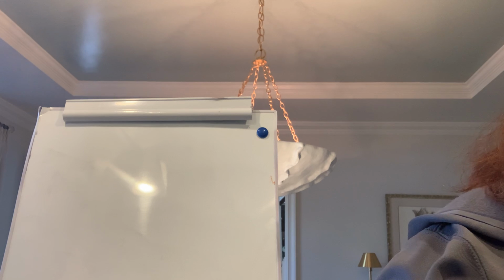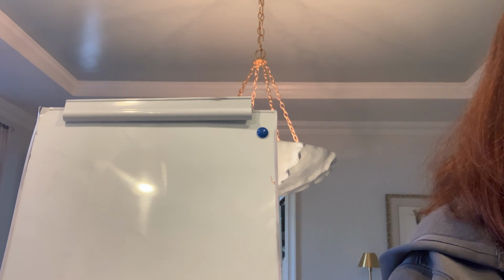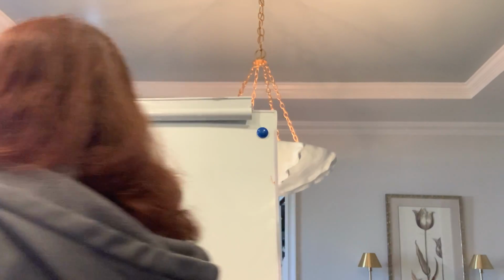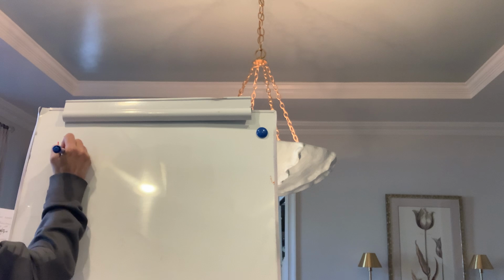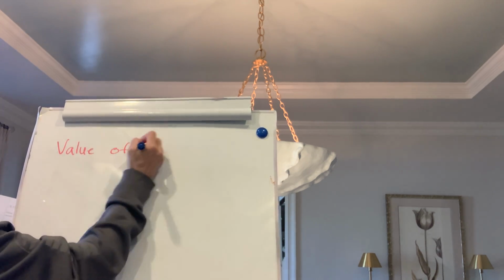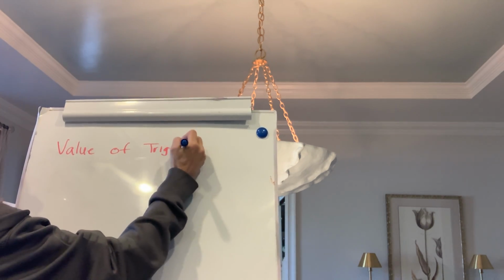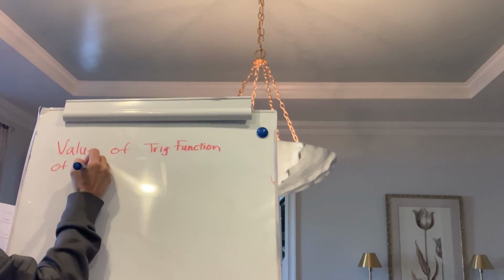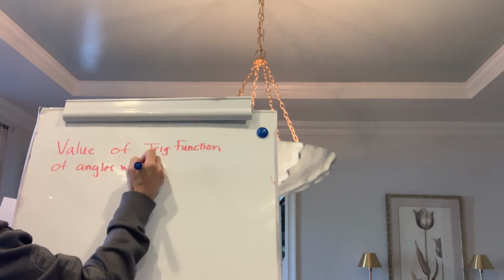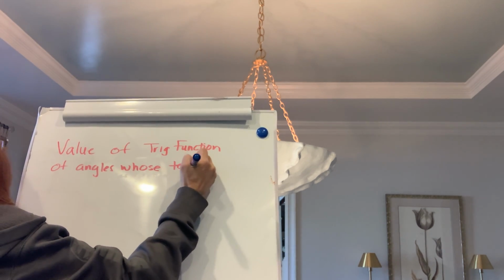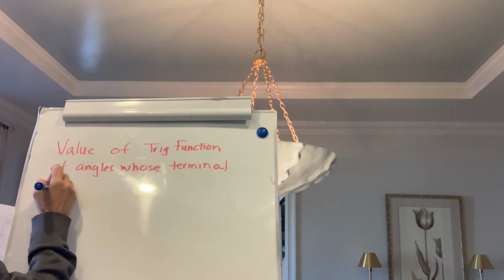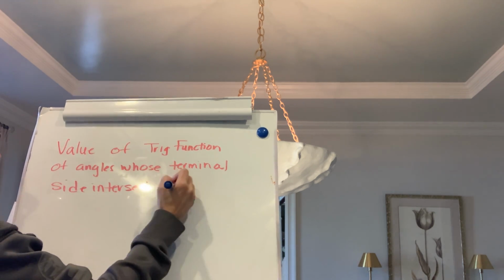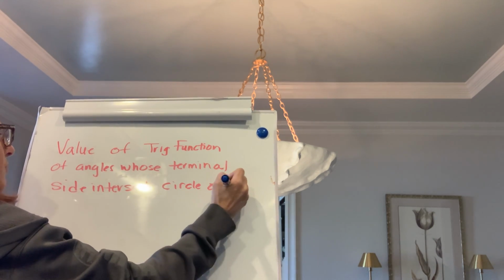All right, so 9.3, we're going to talk about trig functions in the coordinate plane. We're looking at the value of trig functions of angles whose terminal side intersects a circle of radius r.